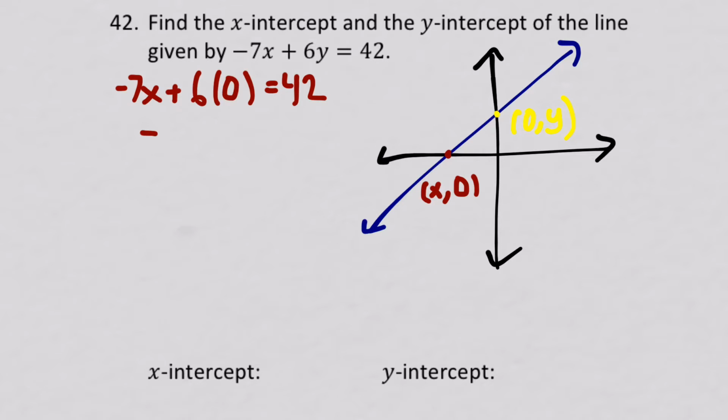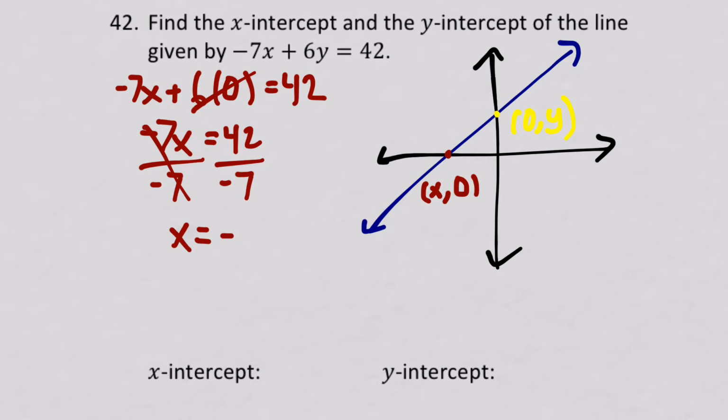So now it's negative 7x plus 0 equals 42, which basically means that cancels. Then it's a simple one-step equation. Divide by negative 7 on both sides, and you are left with x equals negative 6, because 42 divided by negative 7 is negative 6. That is your x-intercept.